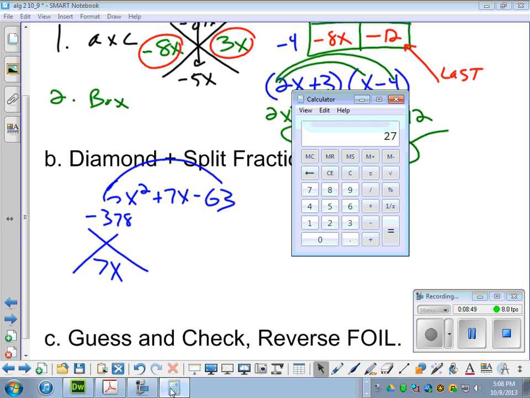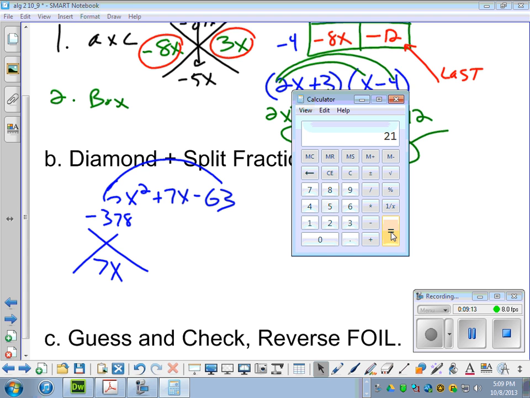Now, as I try some things to multiply with that, if I look at 378 going to 7, 378 divided by 24 doesn't work nicely. 378 divided by, let's say, 20, 18, that's too far. 378 divided by, let's say, 18, 21.